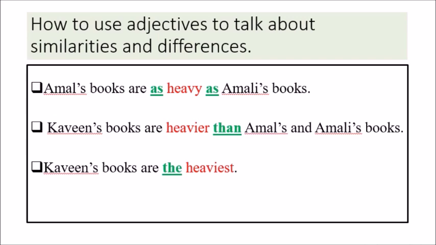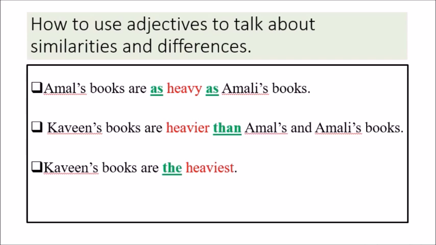The green color words in all three sentences are specific as they are used with a different type of adjective. As goes with the positive base form of an adjective. Than comes after a comparative adjective. The is used before a superlative adjective.